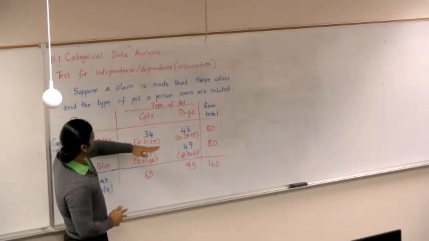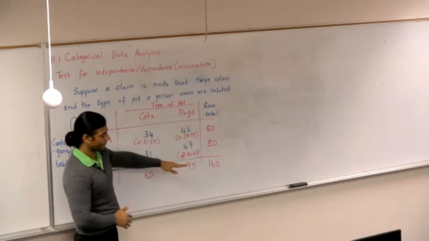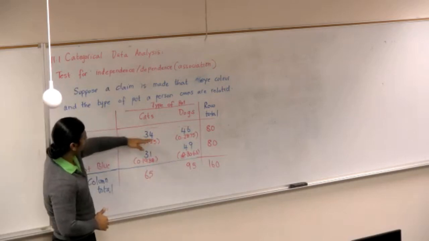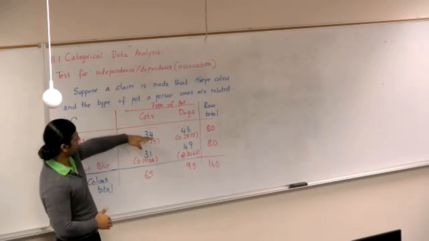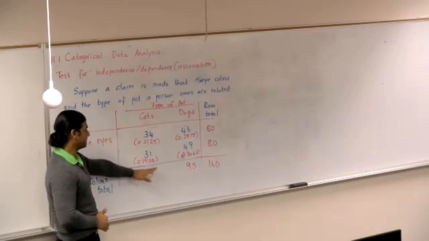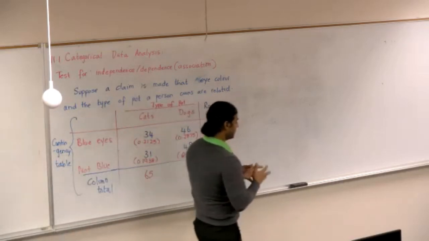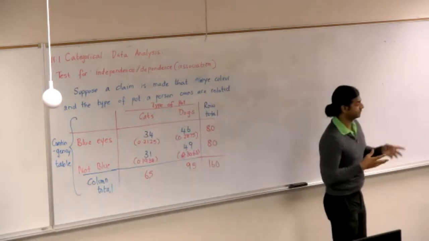So Aaron mentioned the counts are very close to each other, whether you have blue eyes or not. 34 here, 31 there. 21.25%, 19.38%. But this is quite subjective. Do you agree?